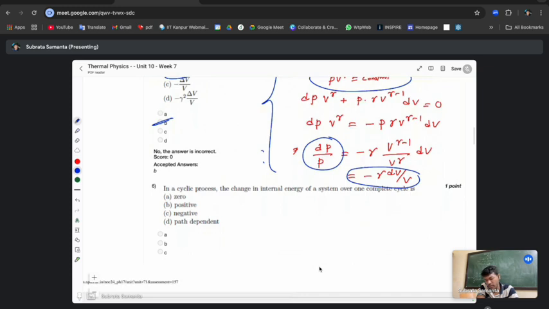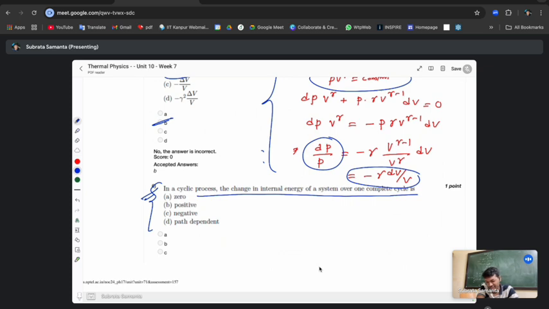Okay, so the problem number 6. This is again a statement problem. In a cyclic process, the change in internal energy of a system over one complete cycle is, yeah, this is very important.